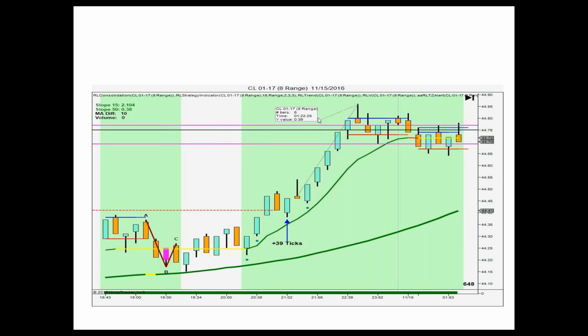But if you let it run, you'd make 7 on your initial contract and 39 minus 15, which is 25. So you make 25 and 7, which is 32 ticks, I believe. I hope I'm adding right. But you make a really nice amount of money on only 2 contracts.